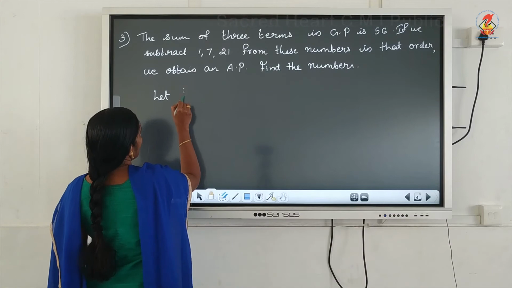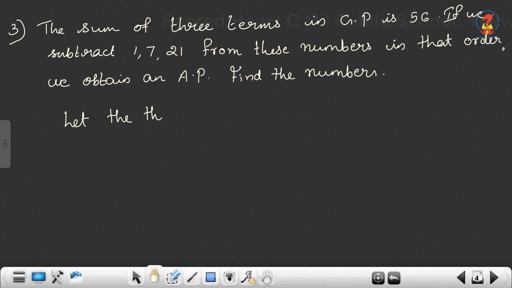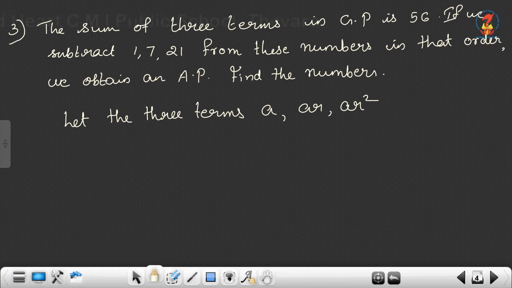Let the 3 terms be, usually how we write the terms? a, ar, ar square. Okay, so sum is given. a plus ar plus ar square is given as 56.